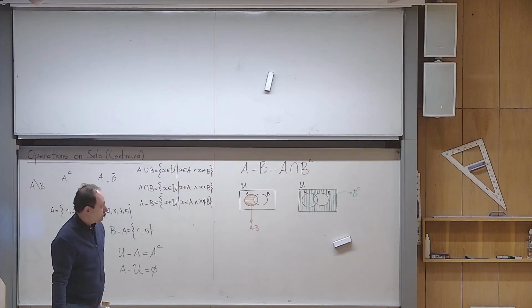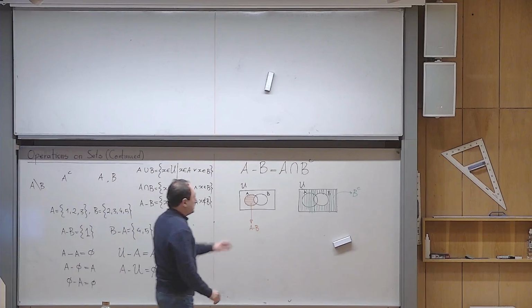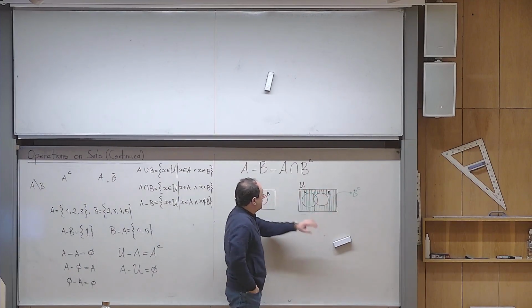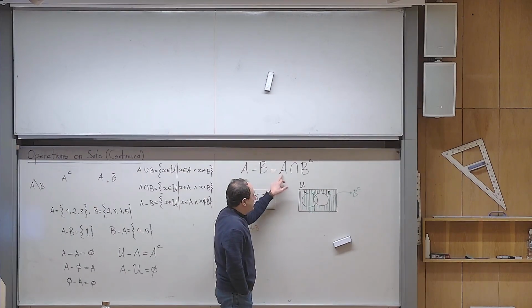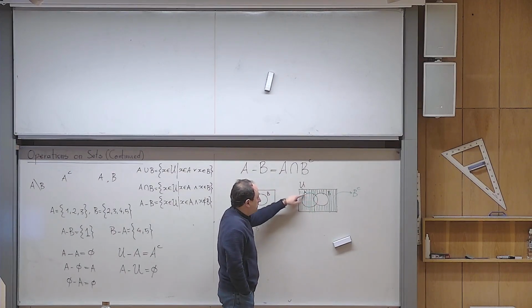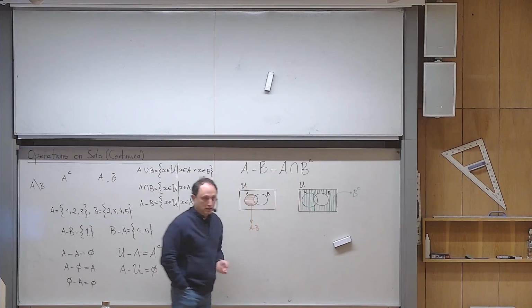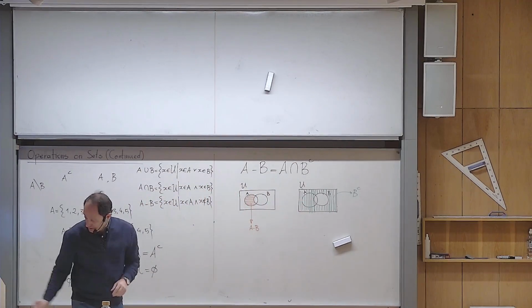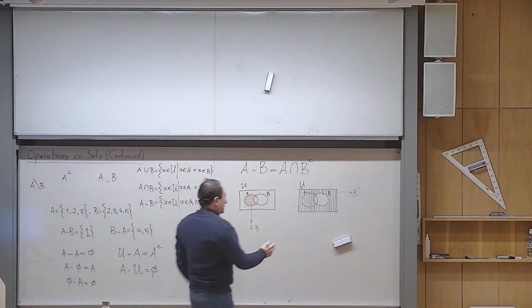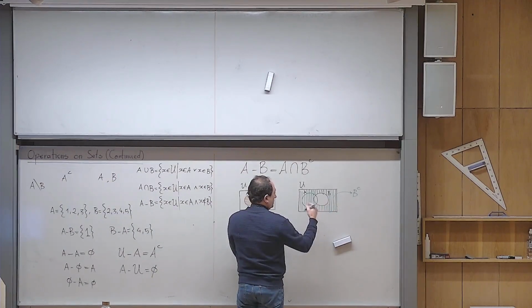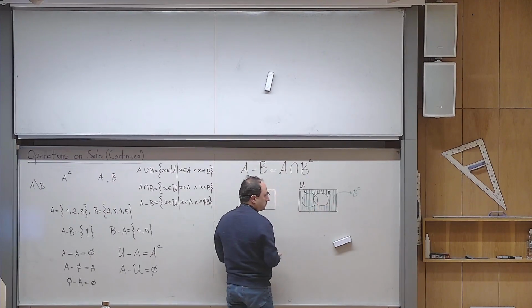Then I want to find the intersection between this green region and the set A itself. The set is this circle. If I ask you, where is the overlap? The overlap is exactly here, yes? I want to highlight the points which are inside this circle, but also colored green.